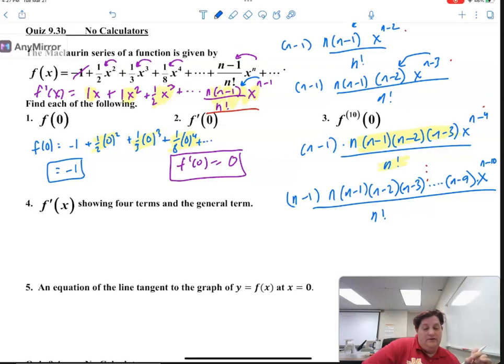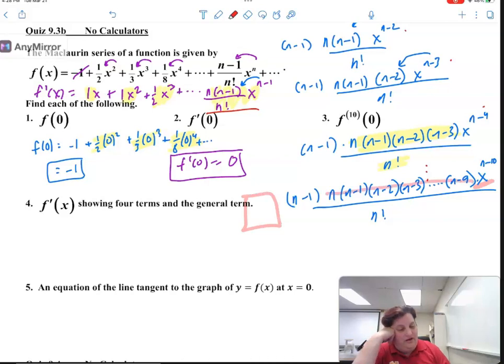So I was trying to think about how to explain this. All of the terms with an x in it are going to go to 0, right? So it's only this first term that will be left there.